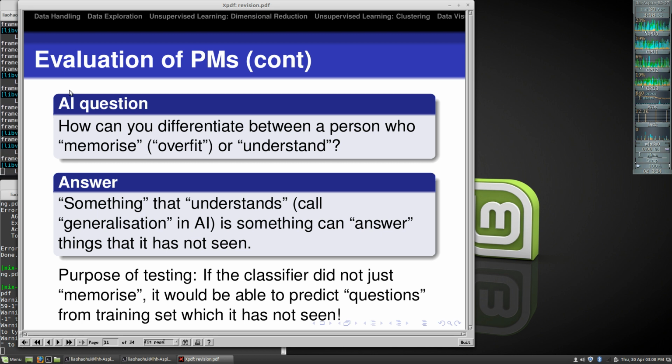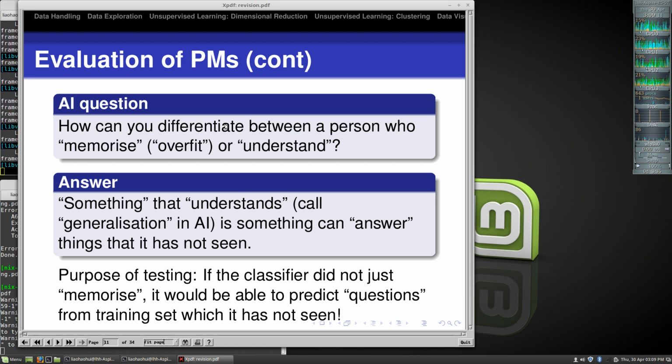This is a very important question from artificial intelligence: how can you differentiate a person memorizing from understanding?